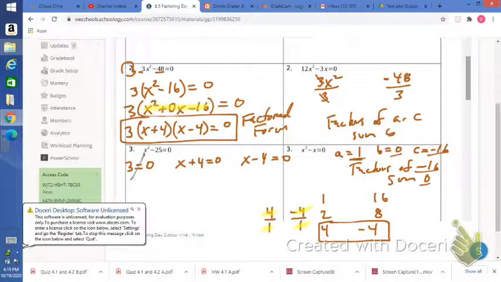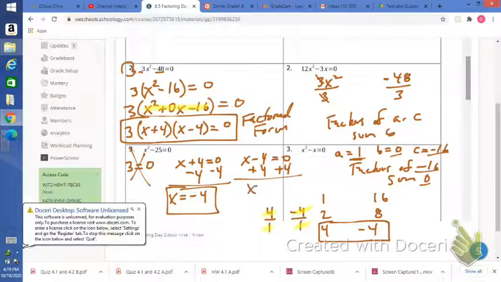So 3 does not equal 0, so forget that. Subtract 4 from both sides here. We get x equaling negative 4. Add 4 to both sides here. X equals a positive 4. So those are my two solutions.